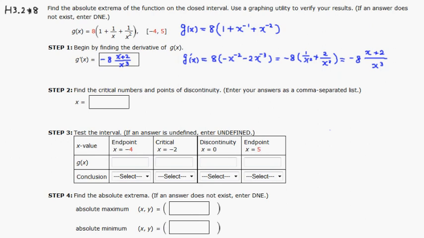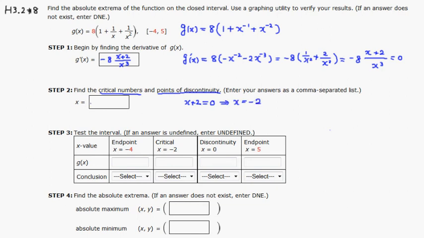All right, so it said we have to find the critical numbers and also the point of discontinuity. So first we set it equal to 0. And we see that we just have to make sure that x plus 2, the numerator, is 0, and you can ignore the negative 8 because you can divide through by negative 8. So set that equal to 0, and that will give you x equals negative 2.